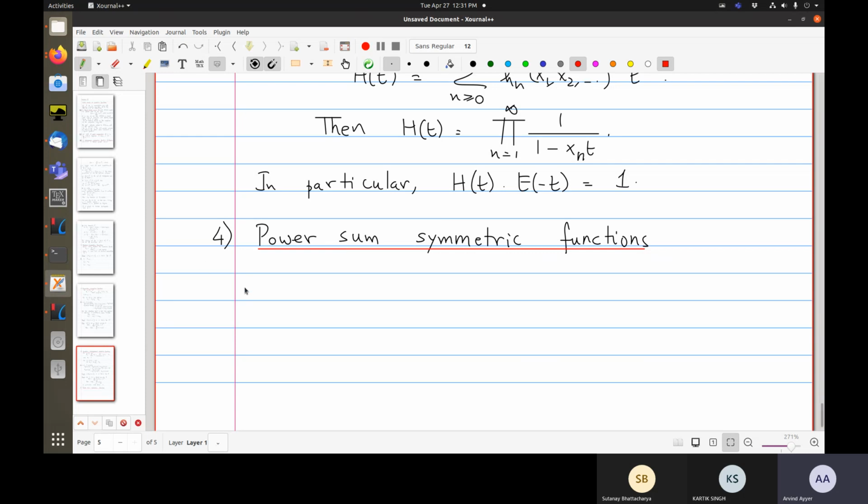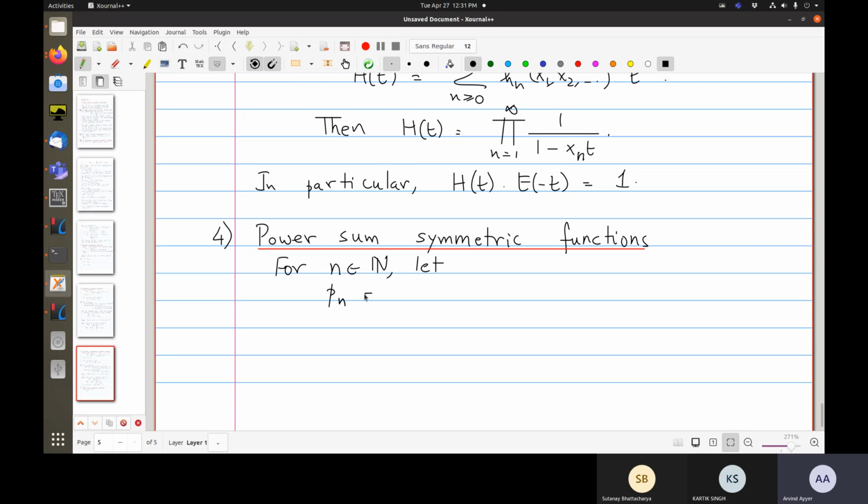Okay, so following the tradition of the last two symmetric functions, we will define these over the integers first, and then over the partitions. So for n in the integers, these are denoted by p.